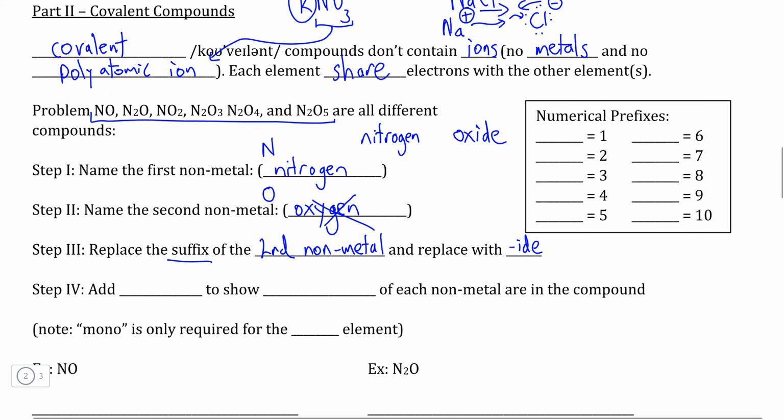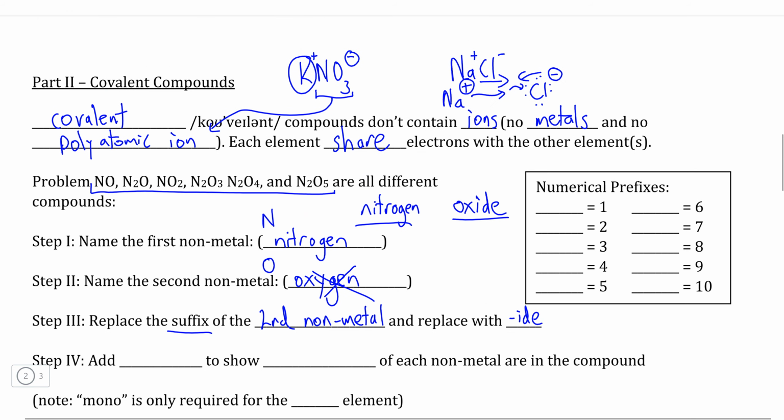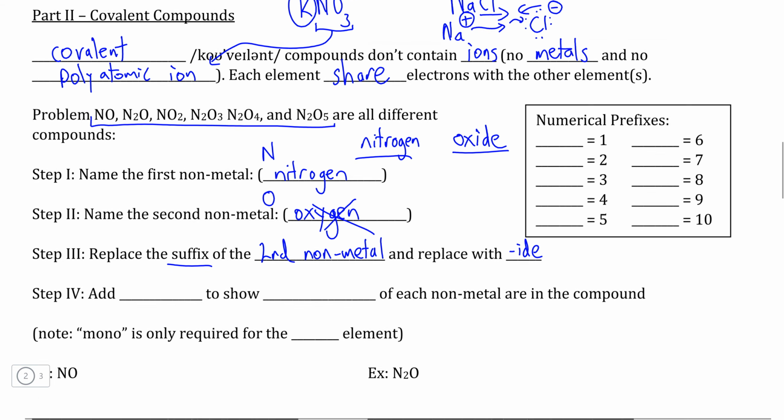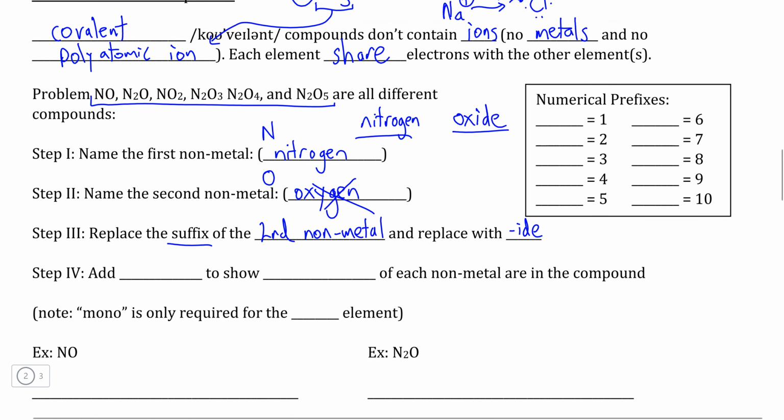And this is what makes covalent compounds different: depending on what the two nonmetals are, you can actually make many different covalent compounds depending on the number of the first nonmetal or the number of the second nonmetal, whereas this is impossible with ionic compounds because the charge of the metal and the nonmetal need to balance out completely, and so there is only one combination of metal and nonmetal ions that can come together in order to make an ionic compound, but this is not the case with covalent compounds.